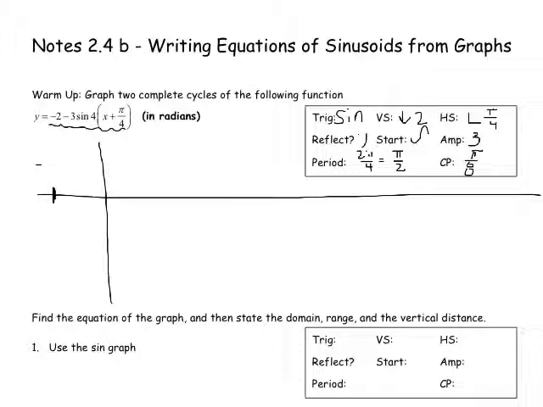So, I'm going to explain this really quickly. This is negative pi over 4, because I'm going to go left pi over 4. But just thinking ahead about the fact that I need to move by pi over 8 for my critical point, I'm going to go ahead and label this as negative 2 pi over 8.